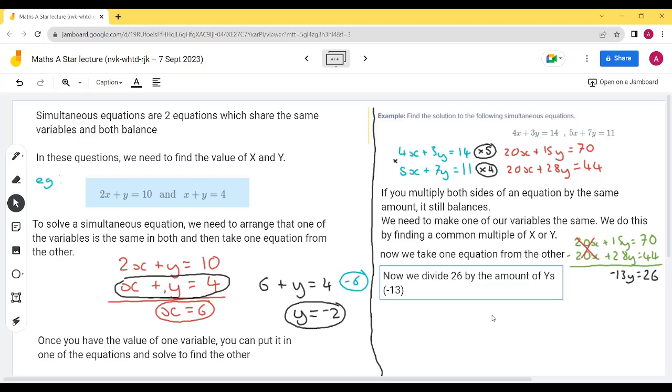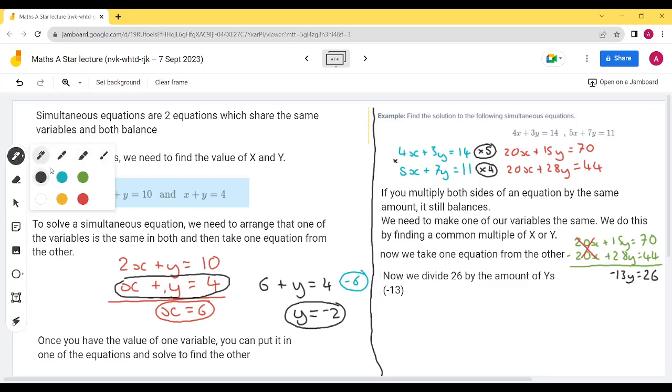So we need to do 26 divided by minus 13. So y equals 26 divided by minus 13, which equals negative 2. So remember, just like with multiplication, a positive divided by a negative gives us a negative. 26 divided by 13 equals 2. It's negative 13, so it's negative 2.